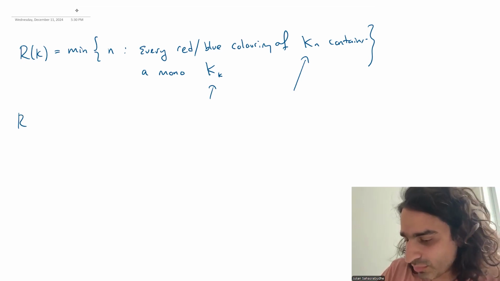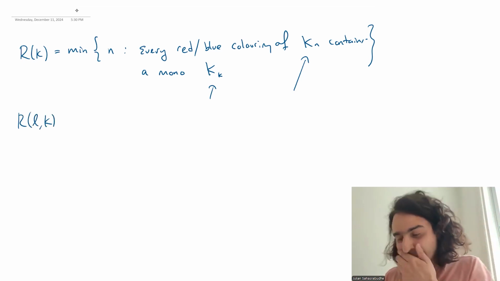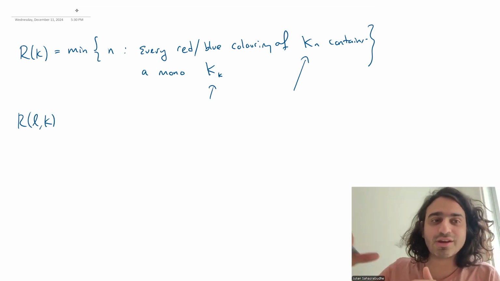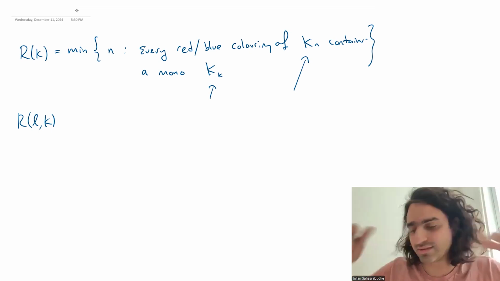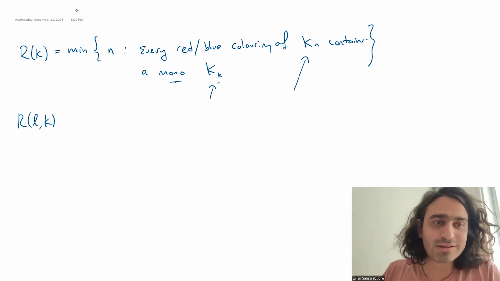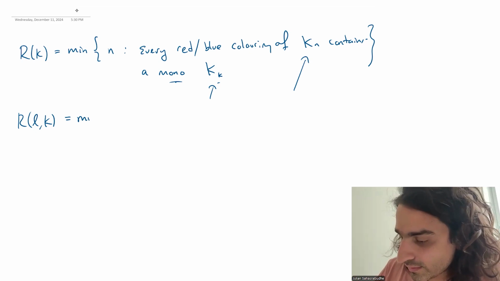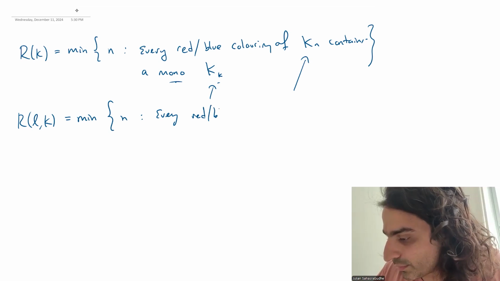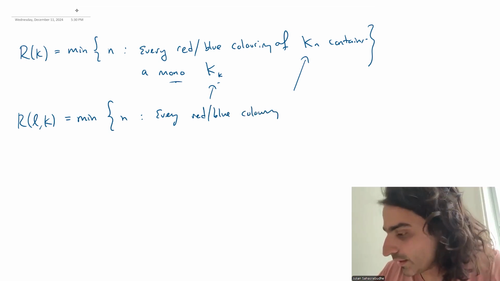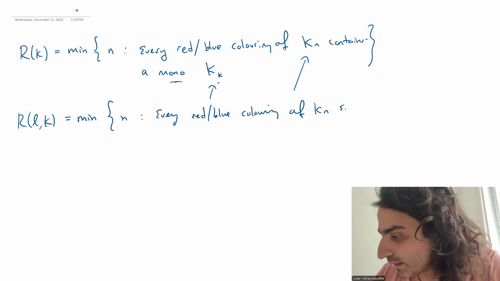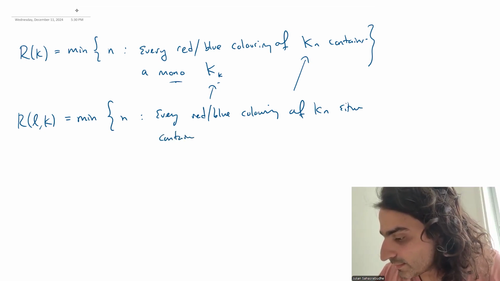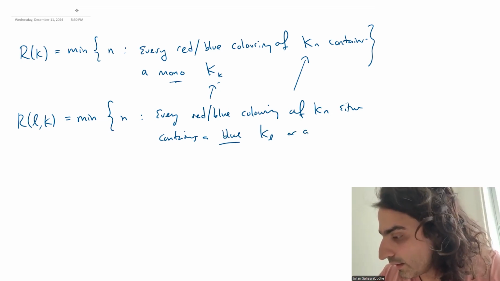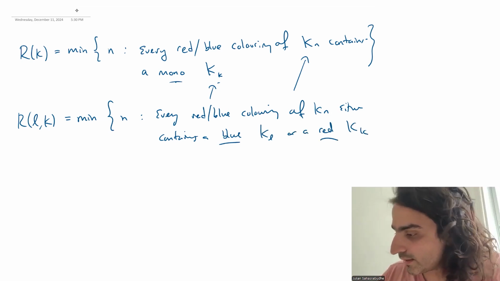While I'm here, we won't talk about it so much, but I will make a few remarks on the off-diagonal Ramsey numbers. So here there's a symmetry in the two colors. We're either looking for a clique of the same size in either color, but we could also imagine the off-diagonal Ramsey numbers. So R(k, l) is just the minimum n such that every red-blue coloring of K_n either contains a blue K_l or a red K_k.